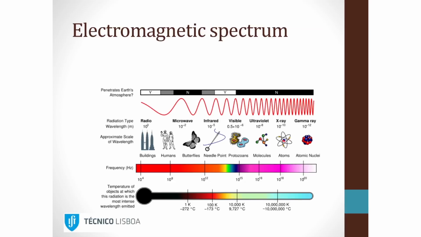Here you have the frequency of the electromagnetic spectrum, and some pictures that show the dimension of these electromagnetic waves. This is the energy that comes from the sun, is reflected, and arrives on the sensor, and that is what we measure. In these optical images we are only using a small part of the spectrum, which is mainly the infrared and the visible. So we are looking at this part of the electromagnetic spectrum.